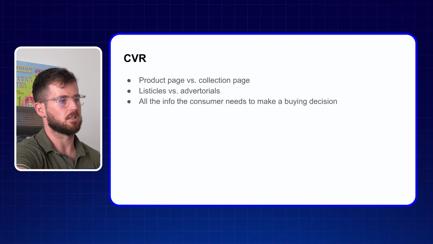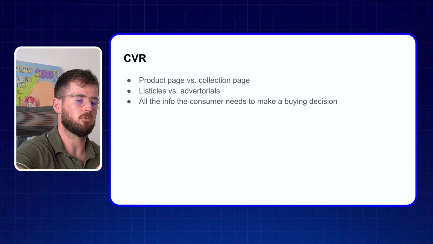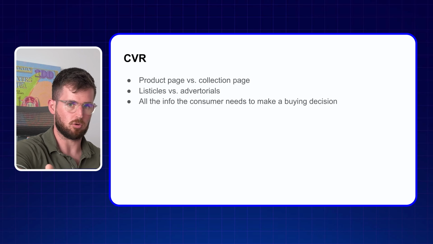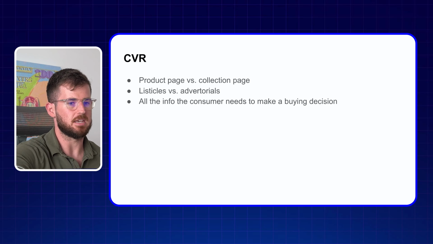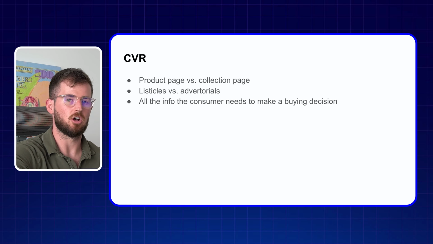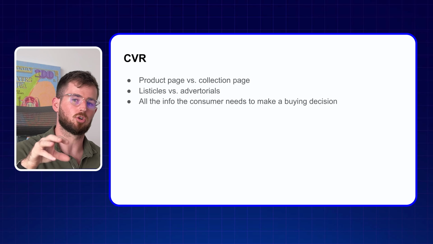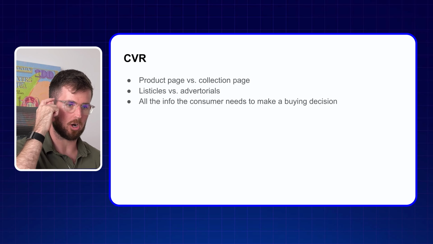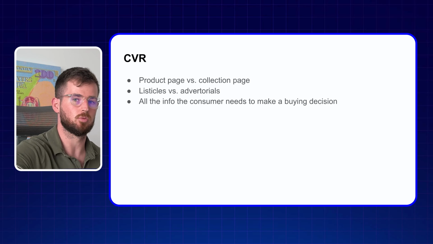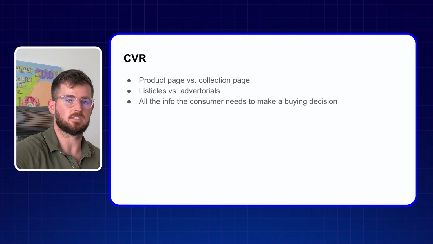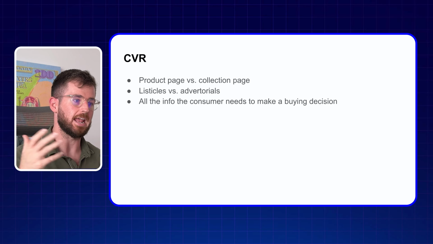The big thing that I see a lot of times is that people don't give enough information to make a proper purchase. No risk reversal, no questions answered, no objections answered. Or they have some generic questions like, how long does shipping take? No, I want specific tailored questions from the person that is currently going through the process of making a buying decision with you, what specific questions they have around your product, and answering those.